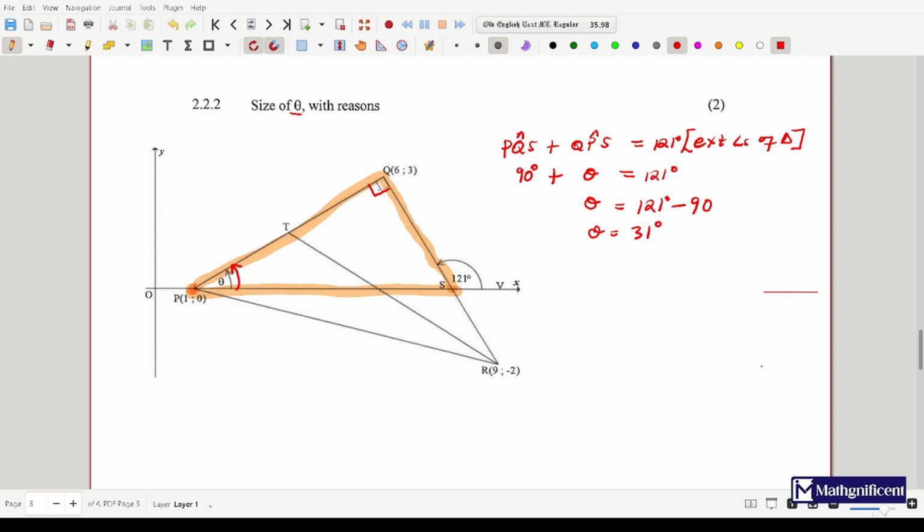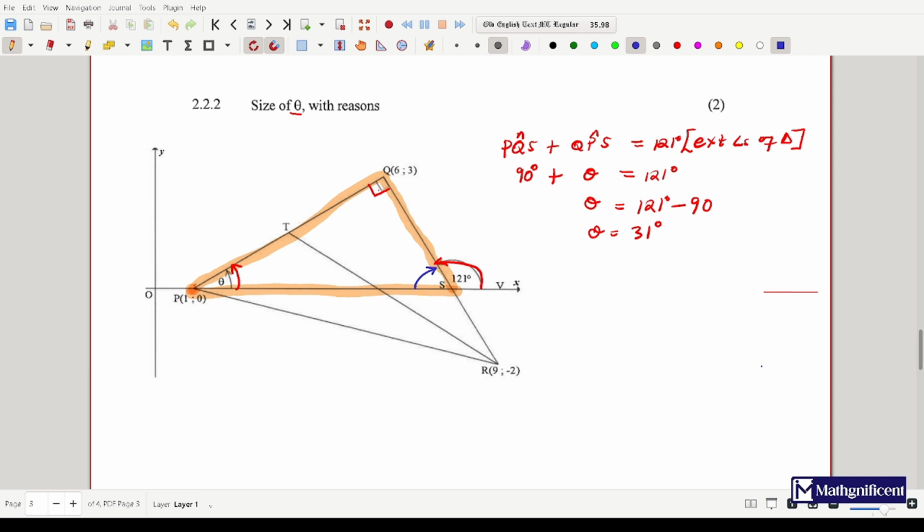Another way to look at this question is that you can see that you have this angle here, which is 121 degrees, right? And then we also see that we have another angle here, the angle that is inside the triangle, right?